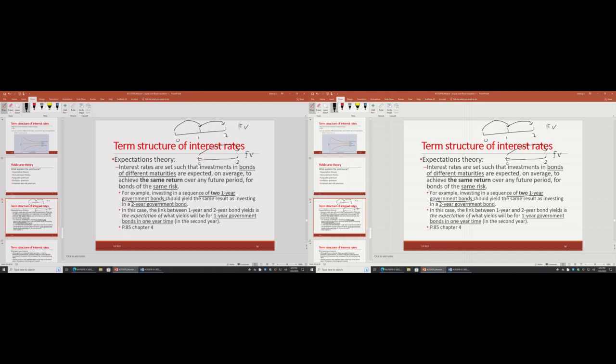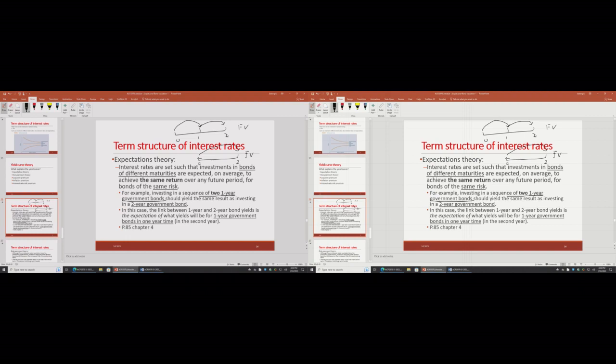Based on these two equations, we actually imply the potential return we can earn on the second investment in the first option. Remember, this second investment is in the future. It's not starting from time zero, it's one year later. One year later, everything may change. Market information may change, market interest rates may change.